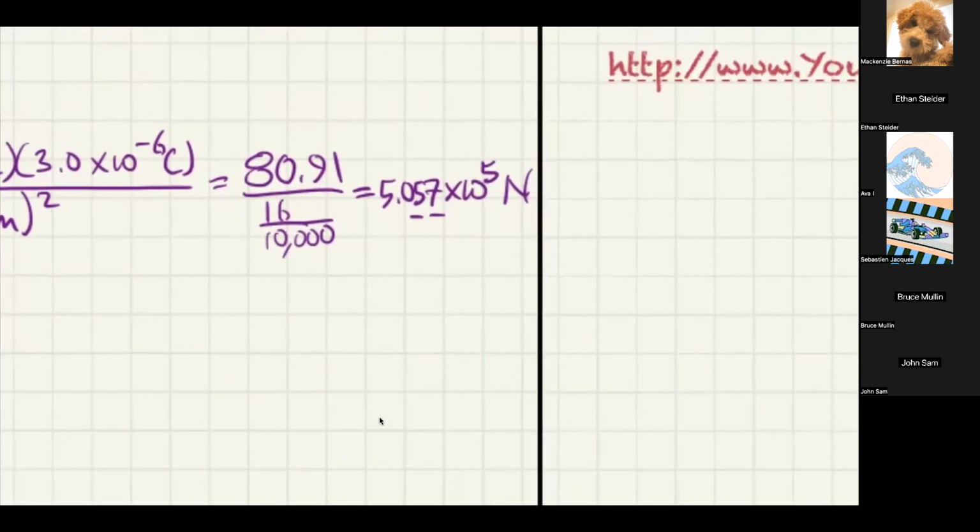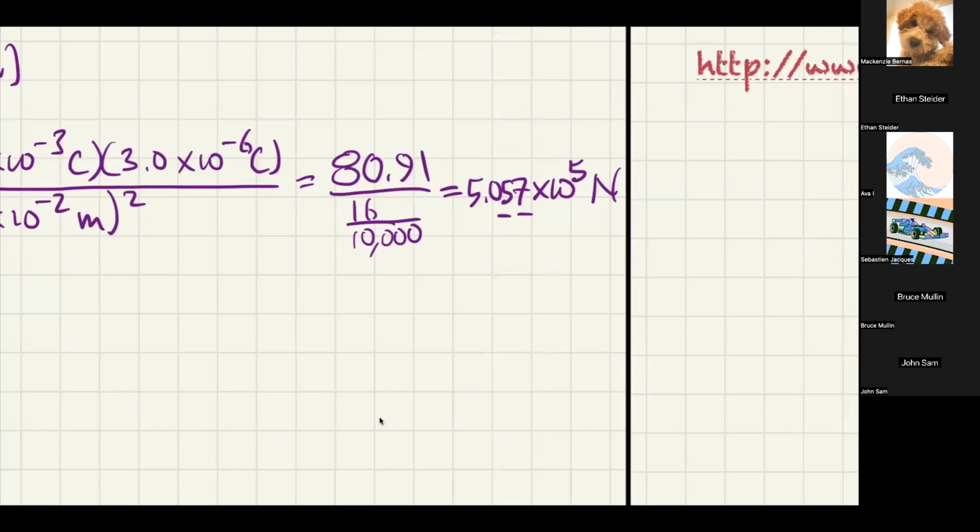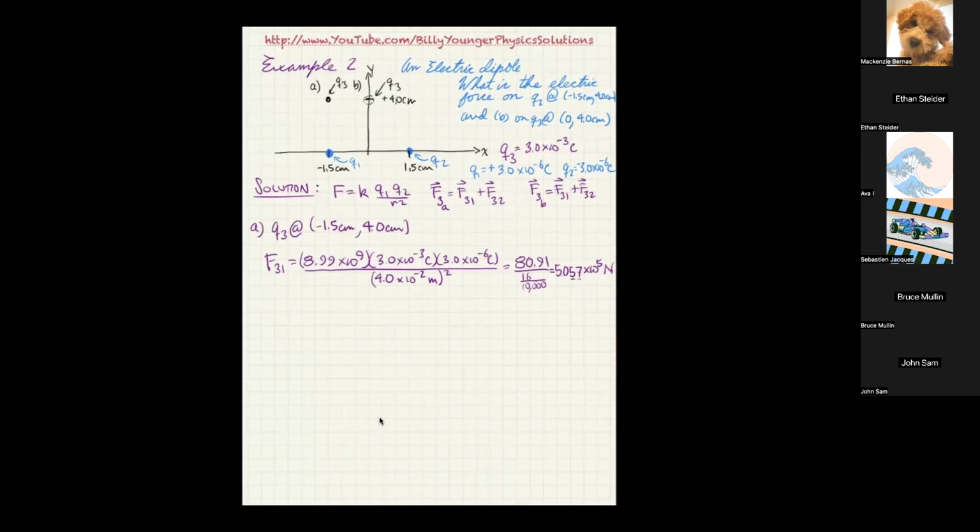Everybody see that that's 5.057? I wrote it kind of small. Times 10 to the 5th newtons. Now, it's important to understand exactly what charge is that.